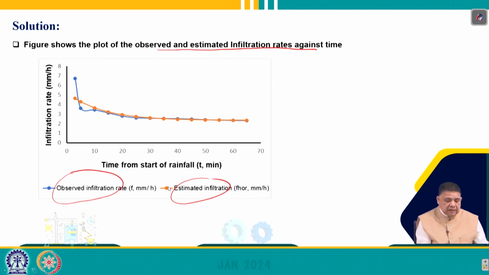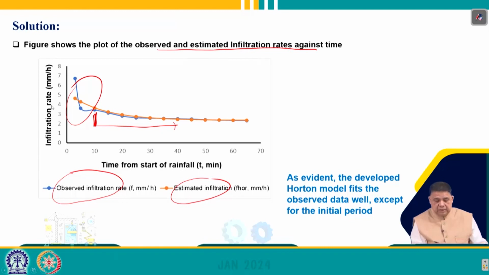As you can see, from time t onwards, the data fits very well, but it does not do so well in the beginning. So, we can infer from this that the developed Horton model fits the observed data well, except for the initial period, where it does not fit the observed data well.